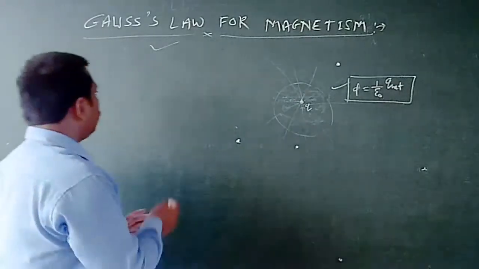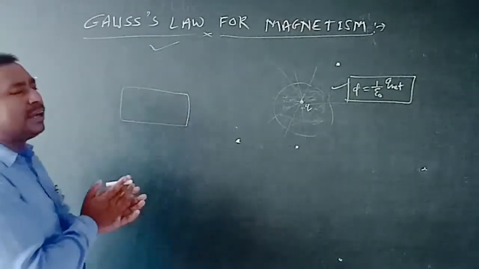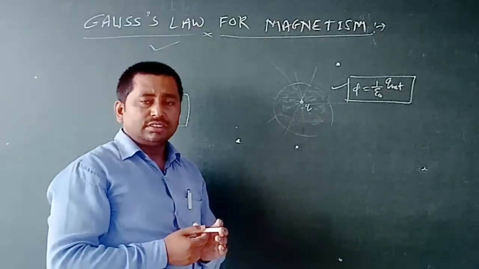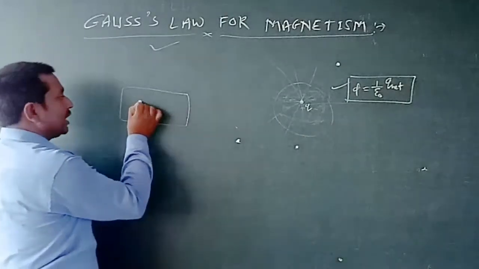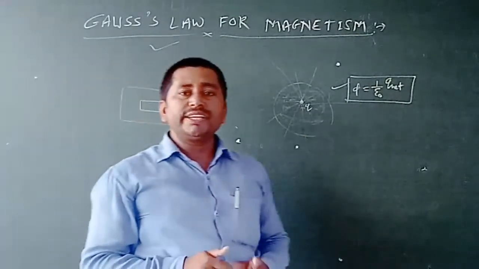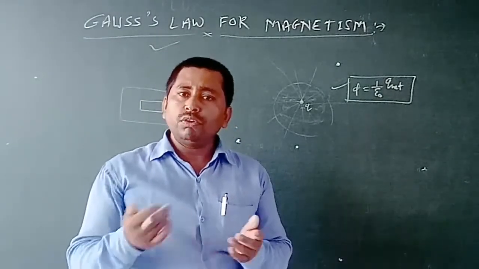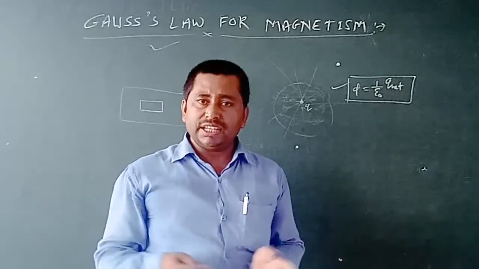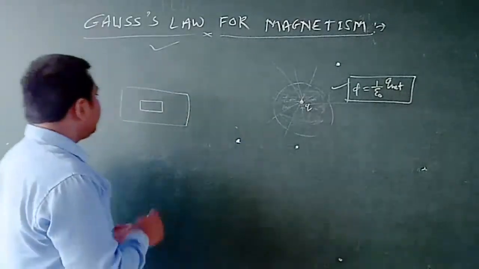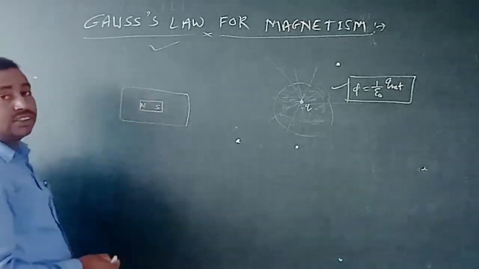Suppose that we have a closed surface and it encloses some magnetic substance. Suppose that here is a magnetic substance. As we know that a magnet is always present as a dipole. The monopole of the magnet cannot exist separately. So if there is a north pole, then there will also be the south pole.